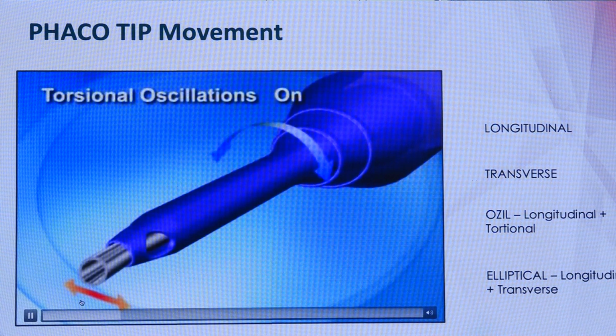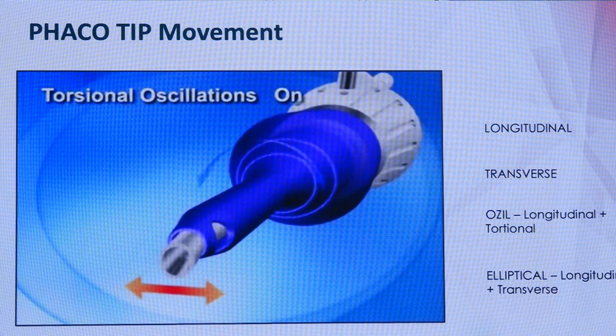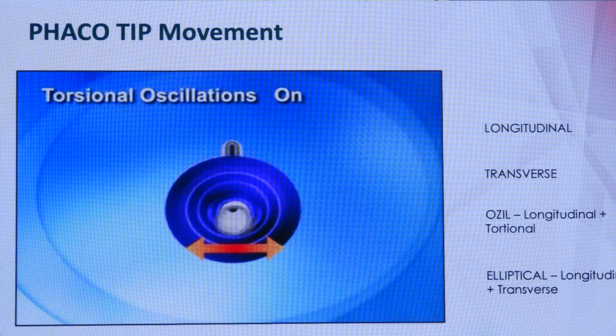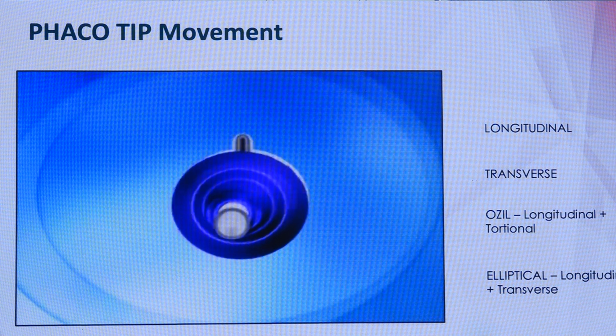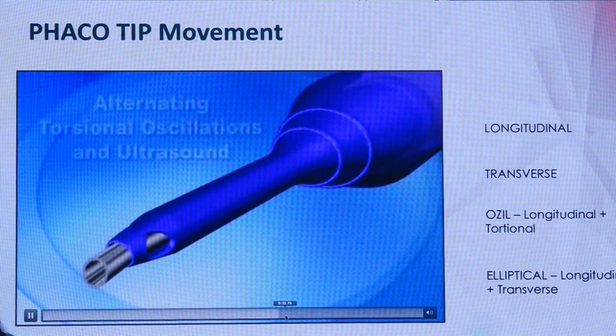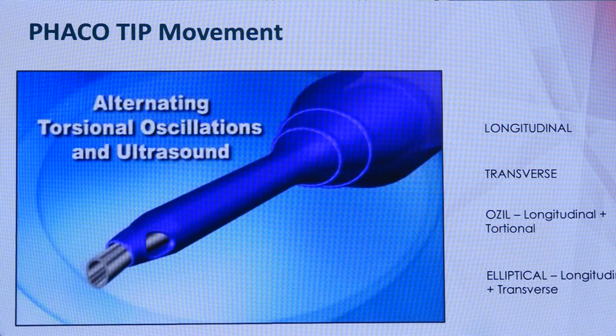Then came the transverse pattern, which used to go sideways, left and right, continuous motion. And the third one is the combination of both motions, which is torsional, the transverse as well as the longitudinal. So this gives you the benefit of both, which comes in the Ozil technology, which is a mixture of longitudinal as well as torsional movement, and an elliptical technology used in other machines, which is kind of similar.